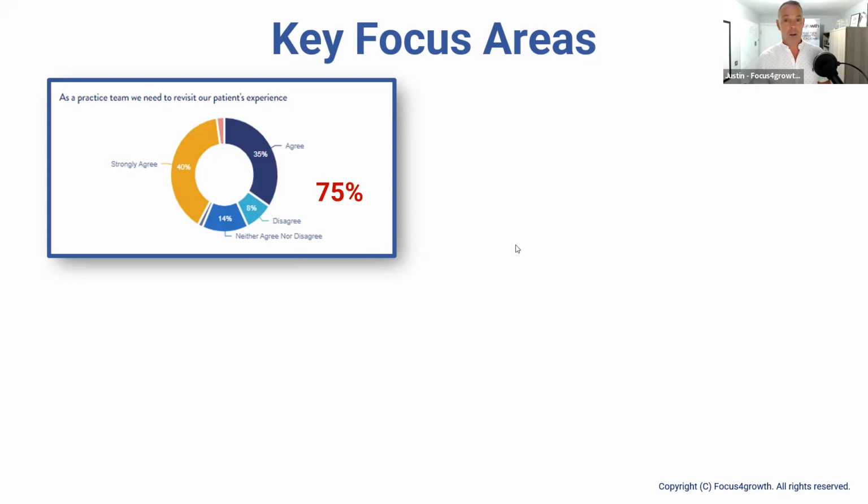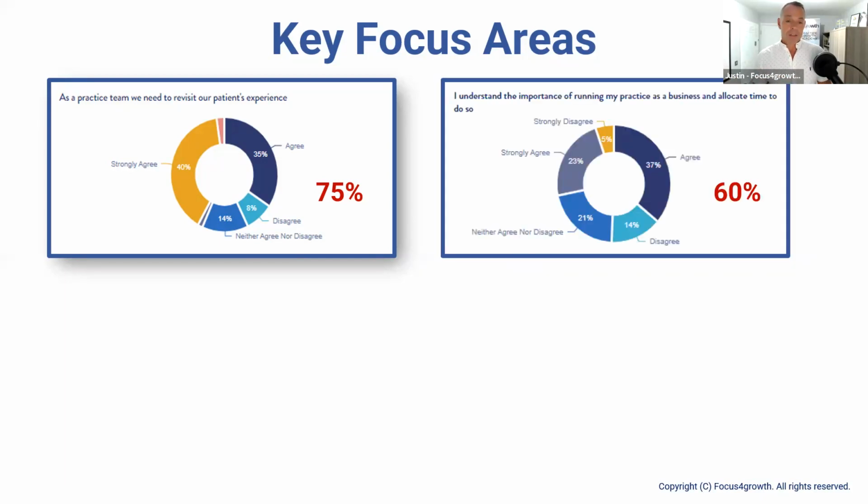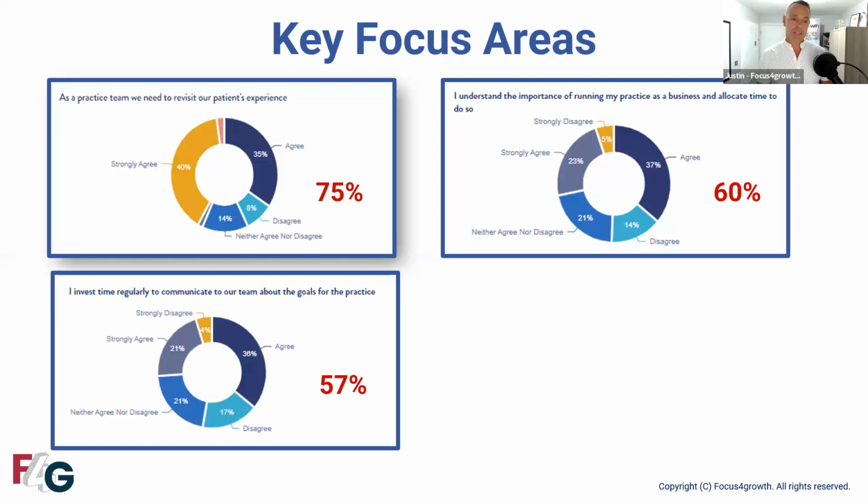There's a real momentum and urgency here around improving the patient experience. The next one that's interesting then is I understand the importance of running my practice as a business and allocate time to do so. 60% of people say they do, which of course means that 40% don't. So there's a real gap there in terms of actually thinking beyond clinical, thinking about the practice as a business.